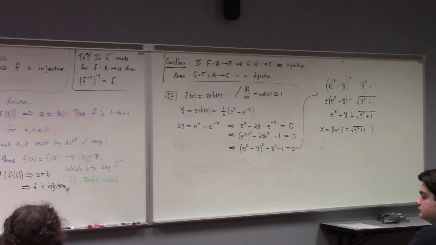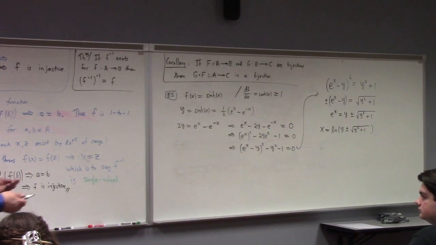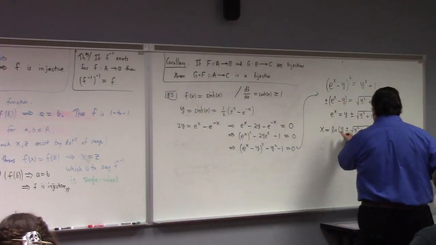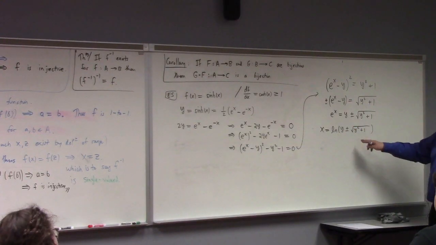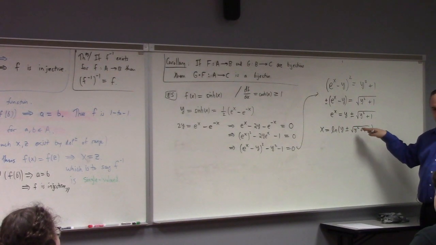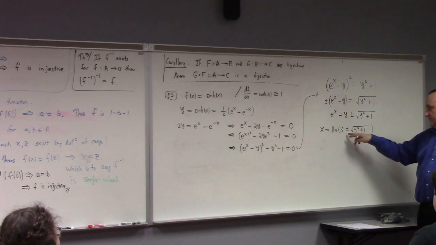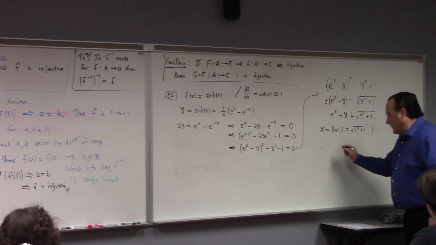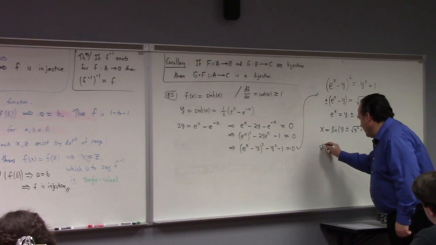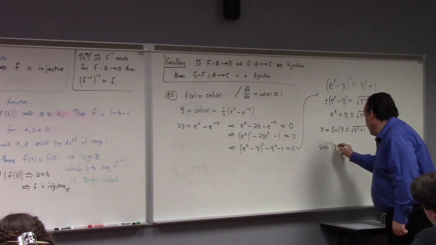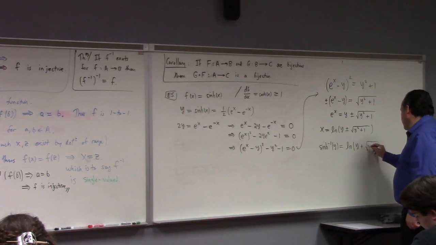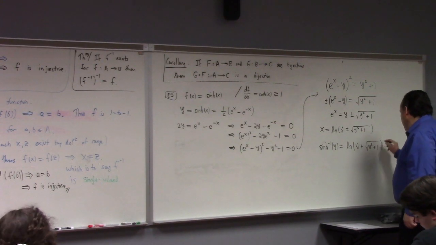So definitely the minus is a bad move because the square root of y squared plus 1 is larger in magnitude than y, and as such the minus is intolerable from the perspective of real analysis. It's going to give us log of a negative number. So therefore, the inverse hyperbolic sine of y is equal to the natural log of y plus the square root of y squared plus 1. There you go.